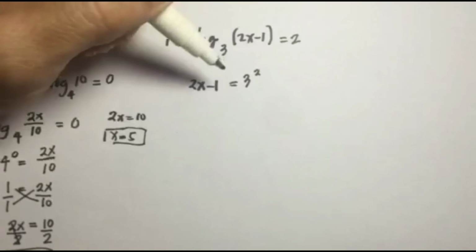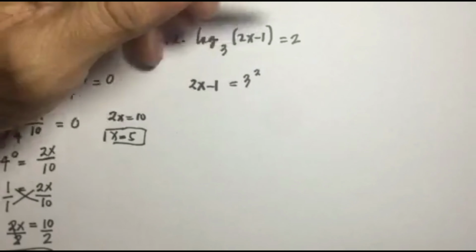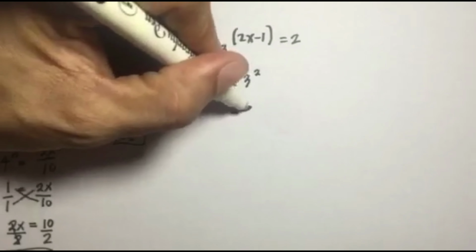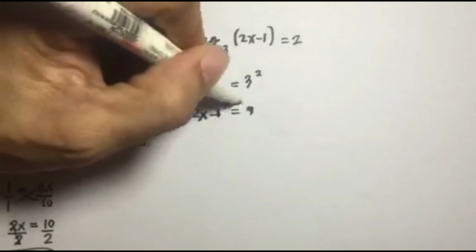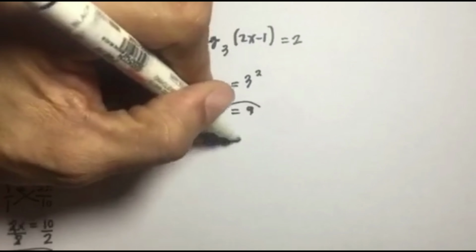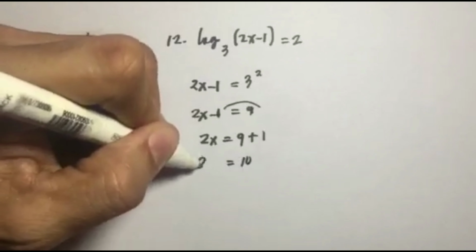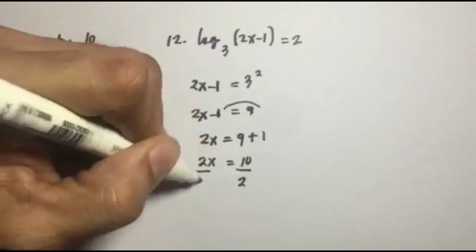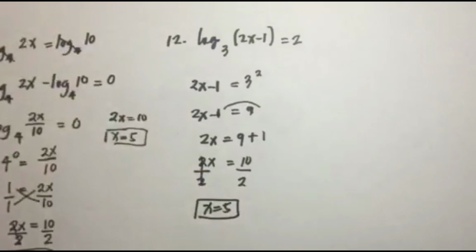Pabaligtad yung pag-transform ko, pero pwede rin naman yung 3 squared equals 2x minus 1. So, 3 squared is 9. Then, bring down 2x minus 1. And then, solve for x. Lipat lang natin. Magiging 2x equals 9 plus 1. 9 plus 1 is 10. Bring down 2x. Divide both sides by 2. We will get that x is 5. That is for number 12.